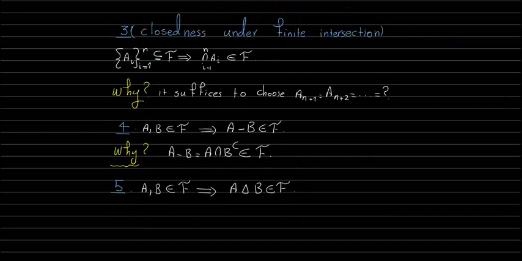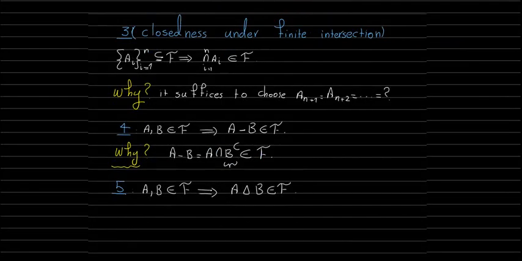The reason is we can write A minus B as A intersection complement of B, because as you know, A minus B is everything which is in A but not in B. From the previous property, we saw it's closed under finite intersection, and B complement is also in the sigma algebra. So A intersection B complement is also in the sigma algebra.